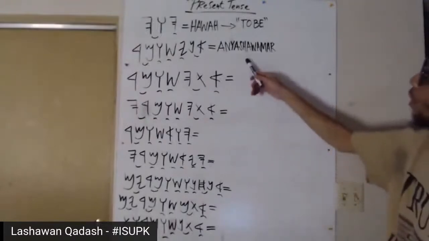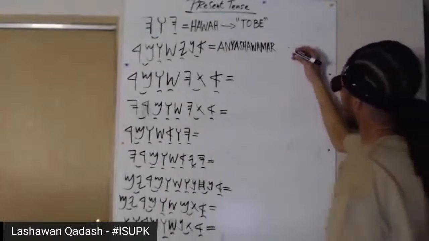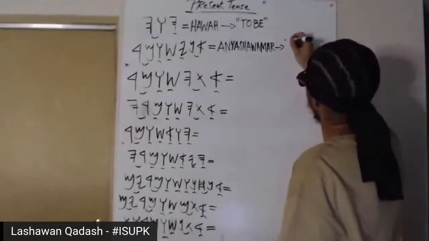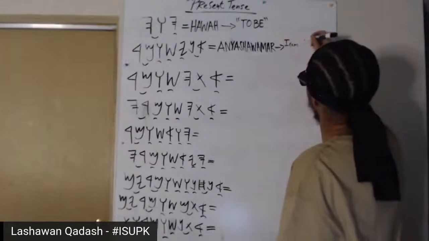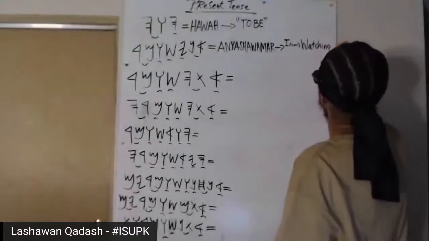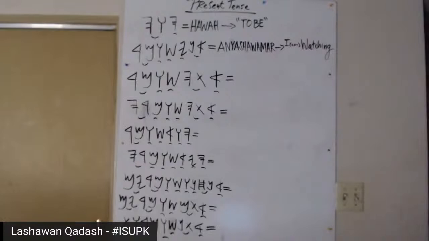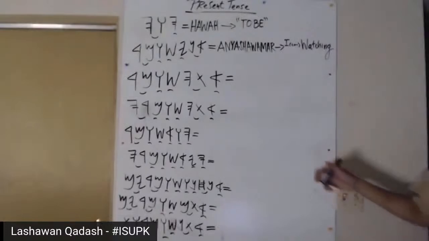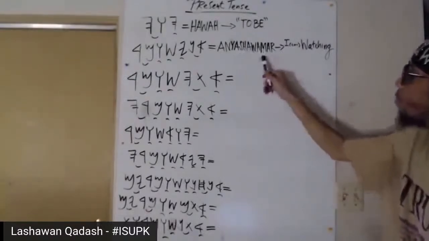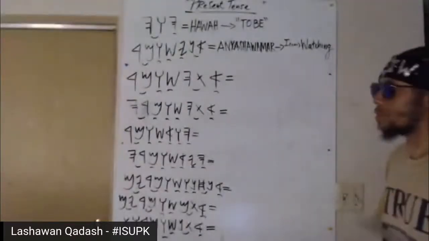So anya shawamar simply means I am watching, which means I see everything. Otherwise, the root word is sh and then mar, without the wa: Shamar, which simply means in Hebrew, watch.